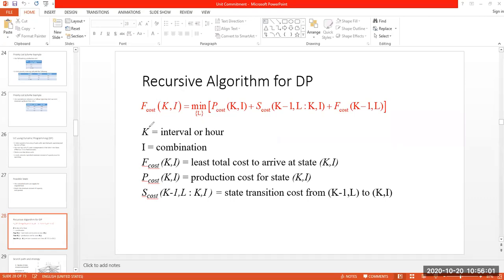Okay, what is k? K means the interval. The hour of a day, of a month, of a week, the unit interval. So in this example, we are considering the unit to be in hours, but this could also be in some lesser units like minutes or some higher units, but in general, hour is taken as the unit of intervals.